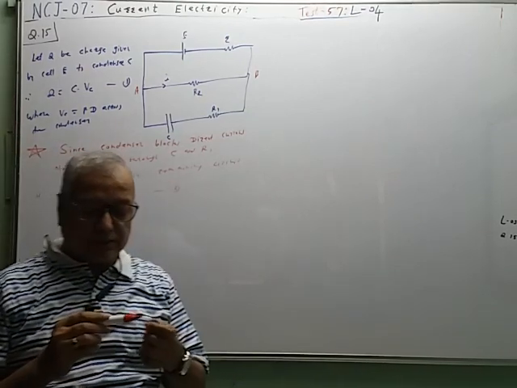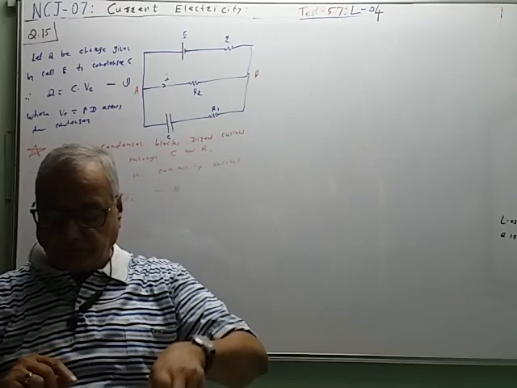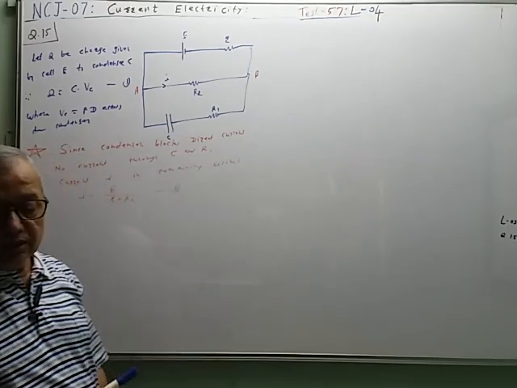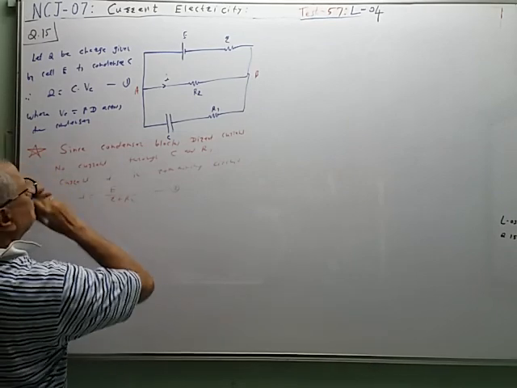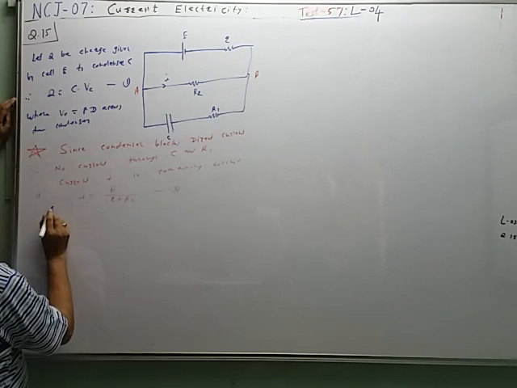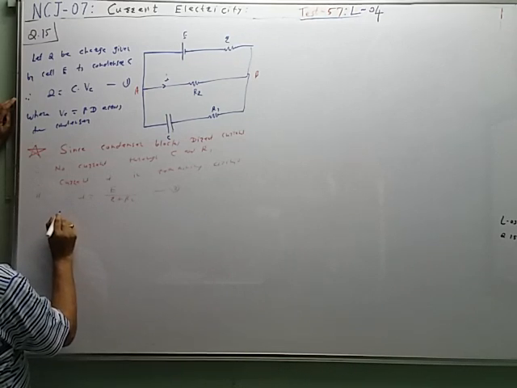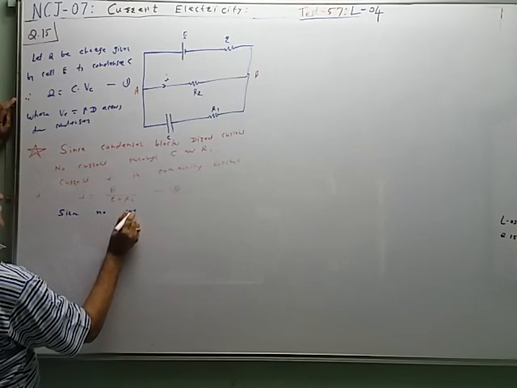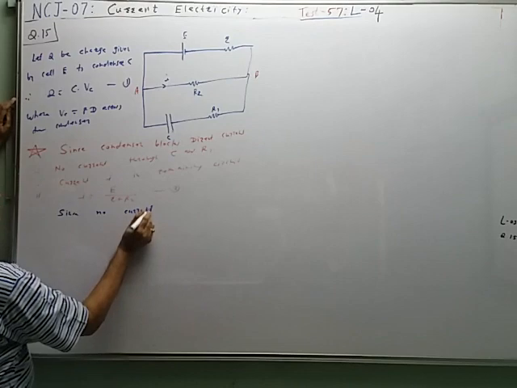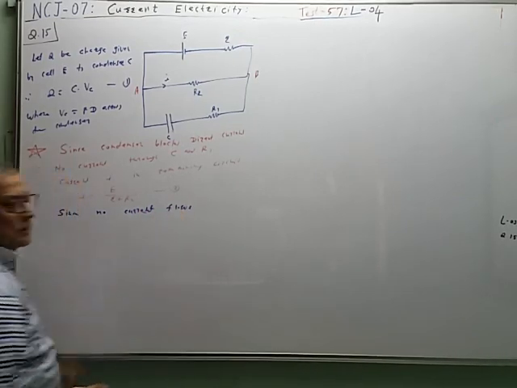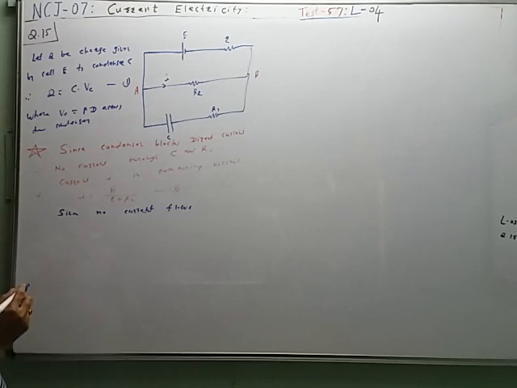Current माहिती आहे आपल्याला. करंट वरून आपल्याला पोटेंशियल डिफरन्स काढता येतो. Since no current flows, याला आपण फिजिक्स इलेक्ट्रॉनिक्समध्ये ओपन सर्किट कंडिशन.